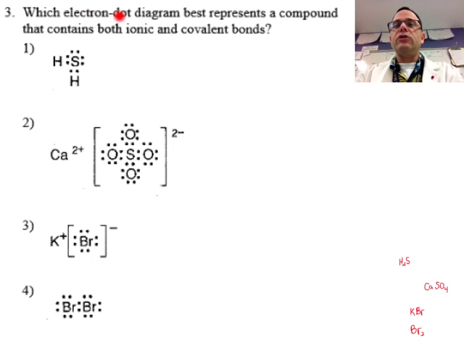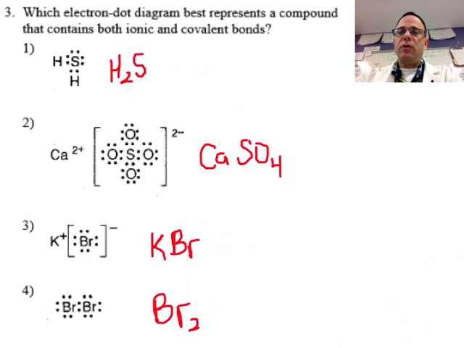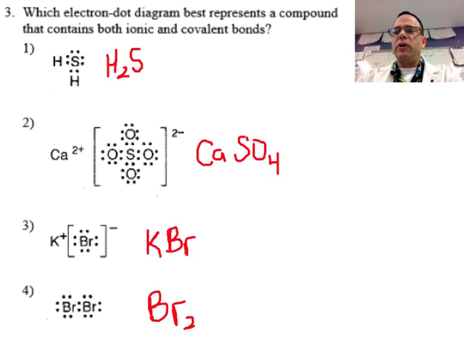Question 3. Which electron dot diagram best represents a compound that contains both ionic and covalent bonds? Now, for number 1, I see 2 hydrogens and a sulfur. I see a calcium, 4 oxygens and a sulfur, a potassium and a bromine, 2 bromine. So I'm actually going to write out the formulas and put them next to it. And I'm going to also recall that I need to be suspicious of a polyatomic ion when I see more than 1 different element together in a formula.